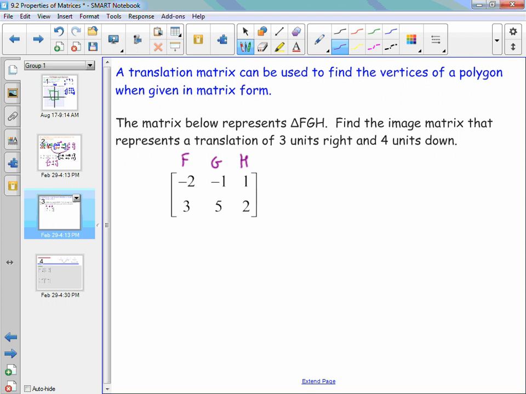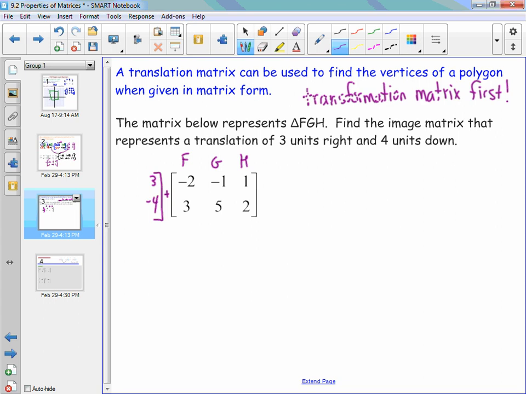So what we will do is we are going to add, and then our matrix will go in front. Whenever we are doing a transformation, the transformation matrix goes first. And so if we're going 3 units right, we are adding 3. And if we are going 4 units down, we are subtracting 4 from the y value.